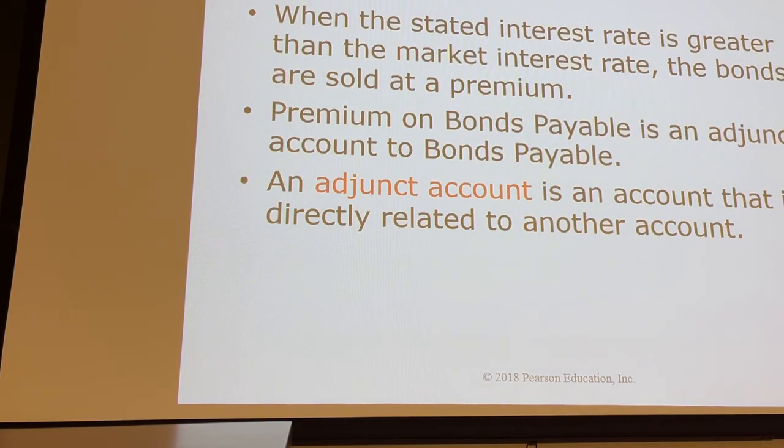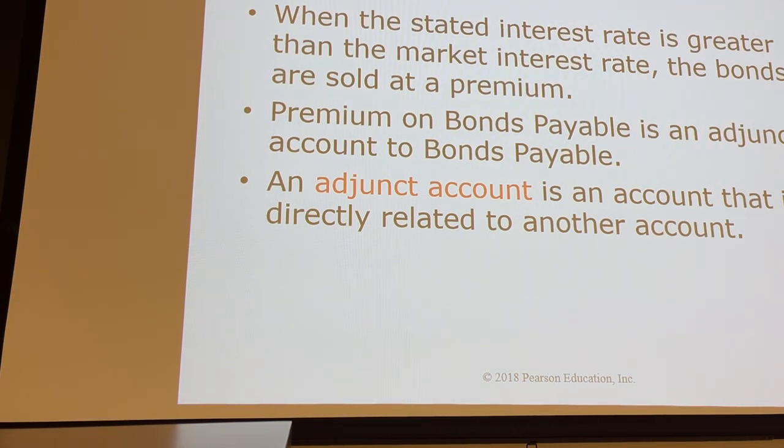Okay, now we'll look at the example where the bonds are issued at a premium. So here we'll have an account called premium on bonds payable, but we don't call that a contra account. Instead, we call it an adjunct account. The reason we don't call it a contra account is that a contra account always reduces the value of the account that it's paired with.